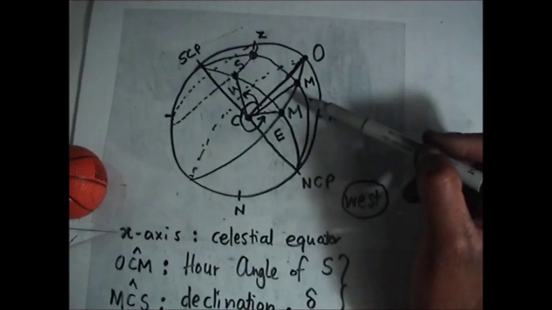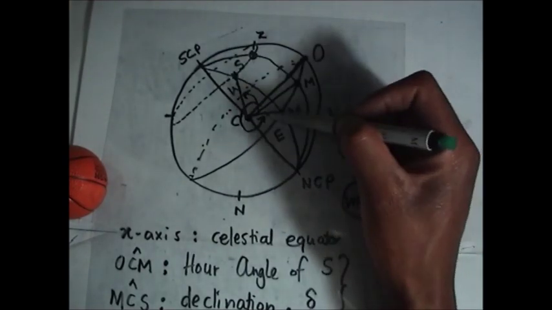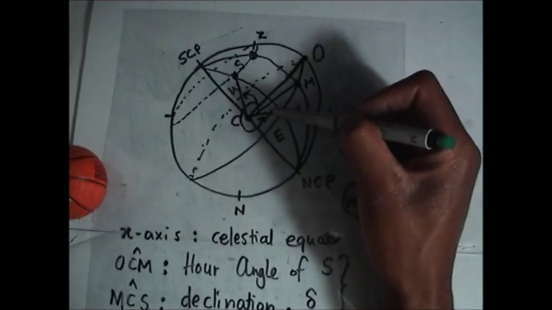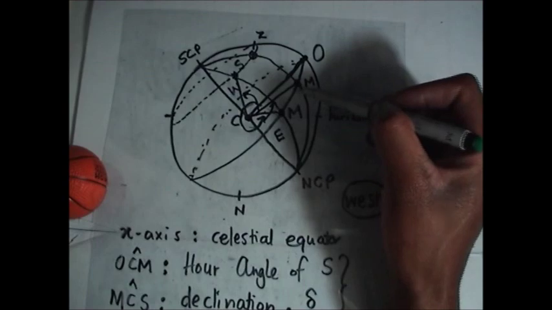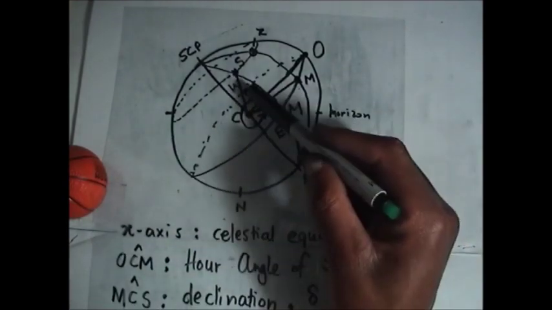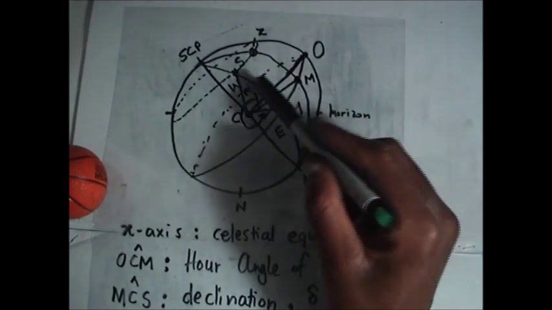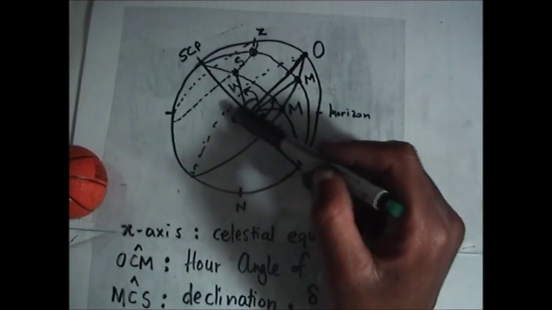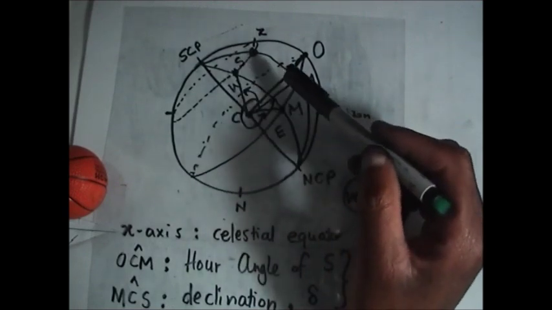I hope you see what I mean. As the star is now here, our M is now there, so our OCM has increased from this to include this. So it's now OCM all the way there. So basically, OCM increases uniformly from 0 to 360 in one revolution of the sky. In one revolution of the sky, the hour angle increases from 0 to 360.